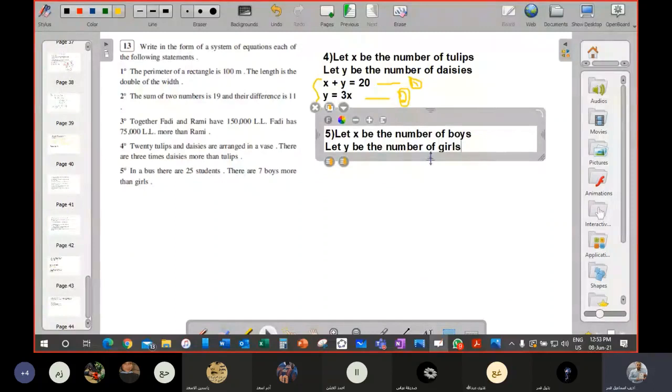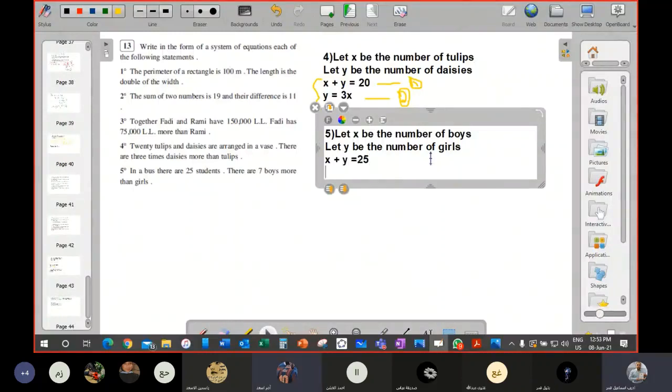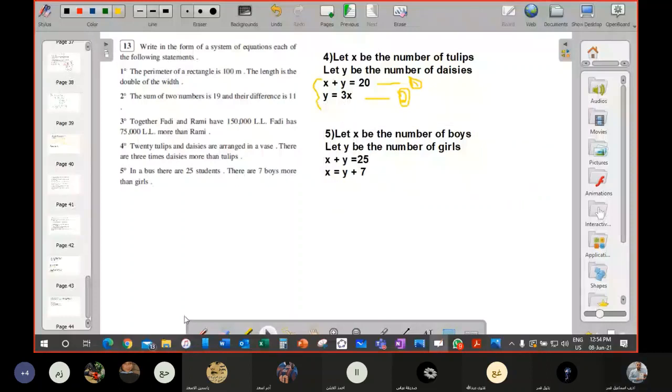The first equation: x plus y equal 25. And the second equation, 7 more, meaning the number of boys is equal to the number of girls plus 7. This is the second system, equation 1 and equation 2.